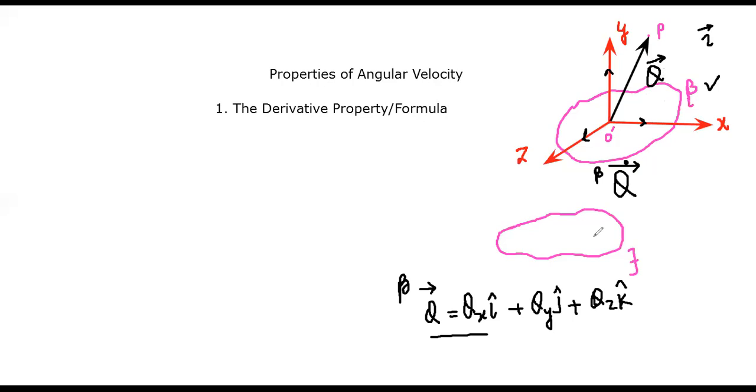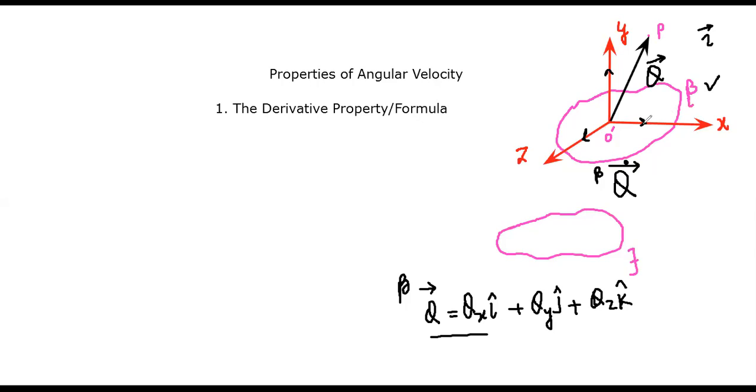That's very important. This is the position vector of point P in the beta frame of reference. If we have to calculate the velocity of point P with respect to the beta frame of reference, then we will differentiate the position vector with respect to the beta frame of reference. If we have to calculate the acceleration, then we will double differentiate the position vector defined in the beta frame of reference with respect to the beta frame of reference.